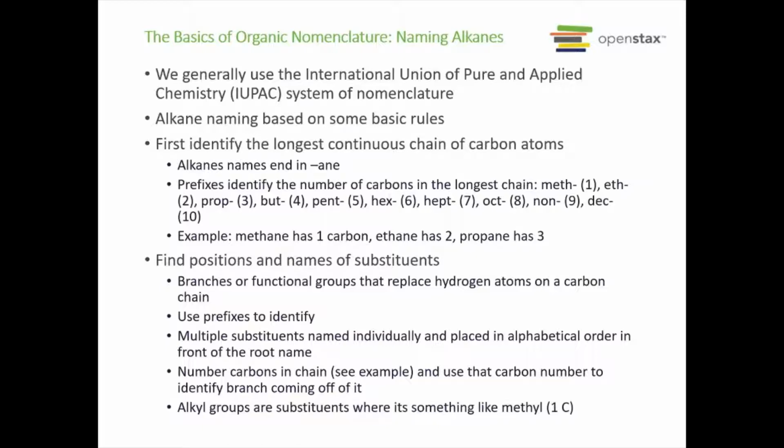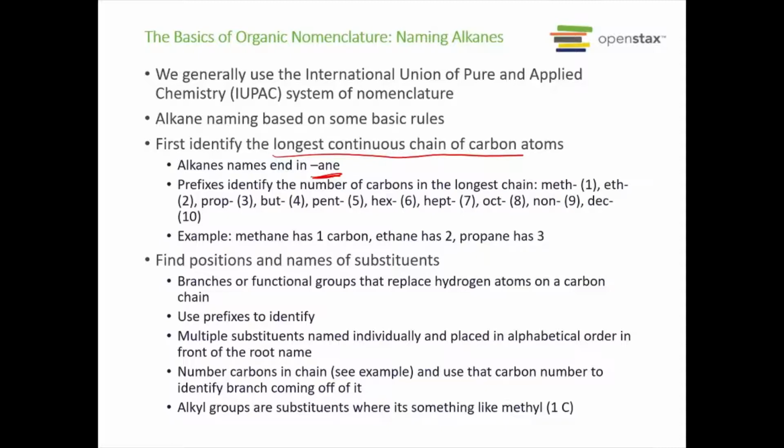We have some basic rules for naming alkanes. The first thing you want to do is identify the longest continuous chain of carbons, so it just keeps going in a straight line, if you will. That tells you how many carbons are in your base chain or your root name. All alkanes have a name that ends in the suffix "ane," because the "ane" means that they're all single bonds between the carbons.